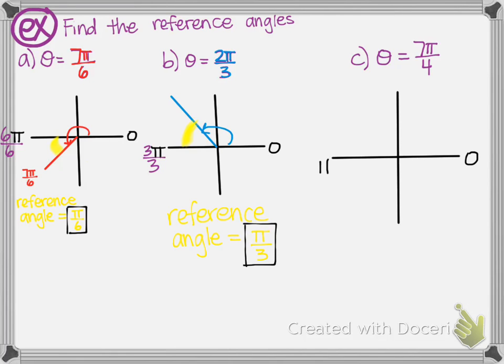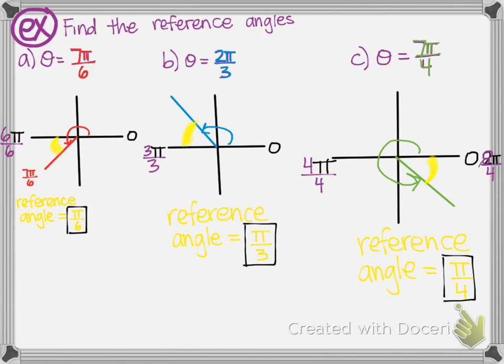And in this last case, again, I've got my 0, I've got my pi, there's my 4 pi over 4, and this is essentially 2 pi. So if I change that to over 4, that's going to be 8. So if I need 7 pi over 4, that's going to put me over here in the 4th quadrant. My reference angle would then be this, which is pi over 4.